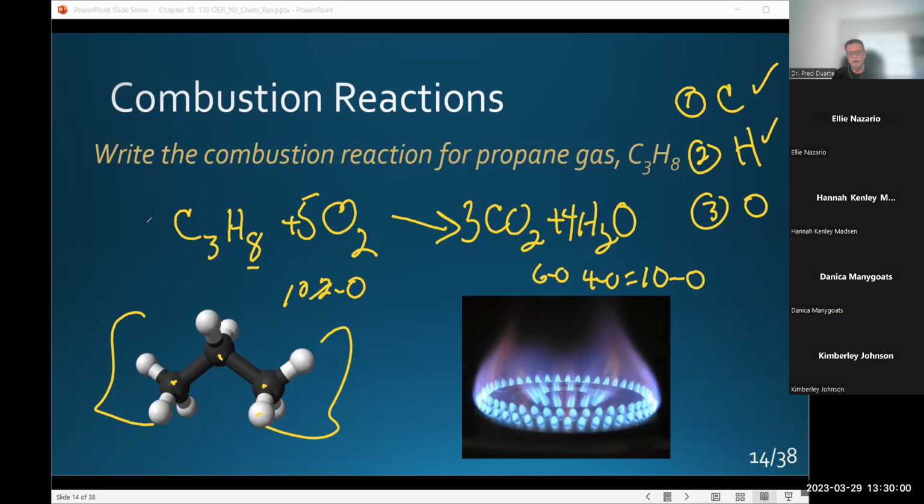And so we can see we got 3 carbons on the left, 3 on the right, 8 hydrogens on the left, 8 on the right, 10 oxygens on the left, and 10 total on the right. So we have a balanced chemical reaction for the combustion, in this case, of propane.